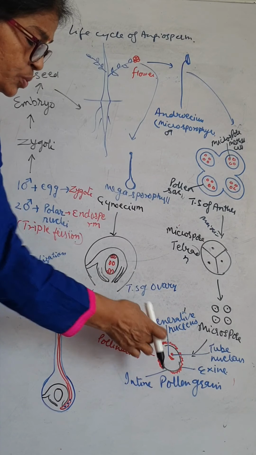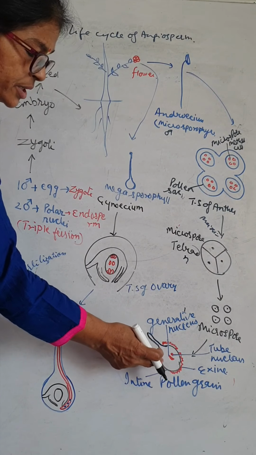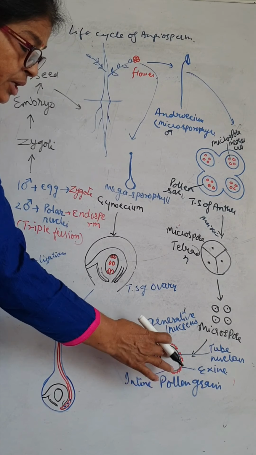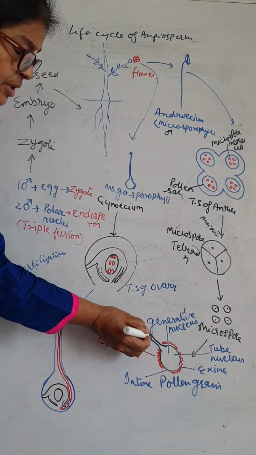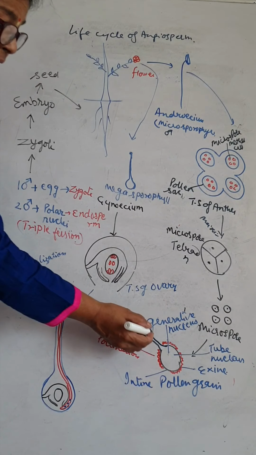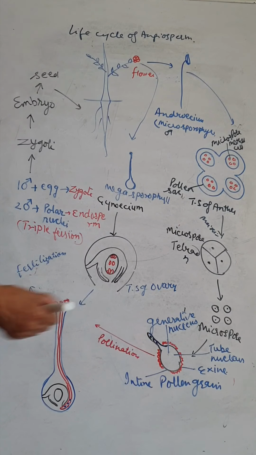Now the pollen tube is formed. The pollen tube is formed by the elongation of the intine. The one tube nucleus moves in front, and the other two male nuclei move in the pollen tube.